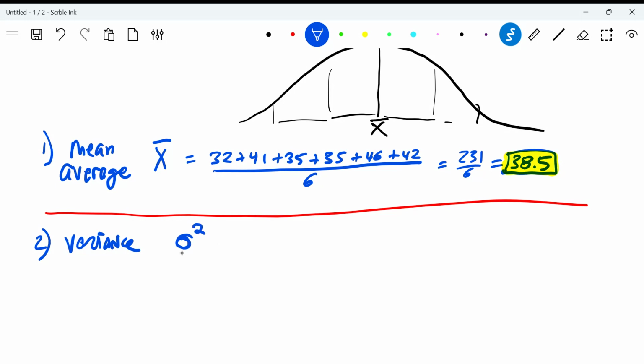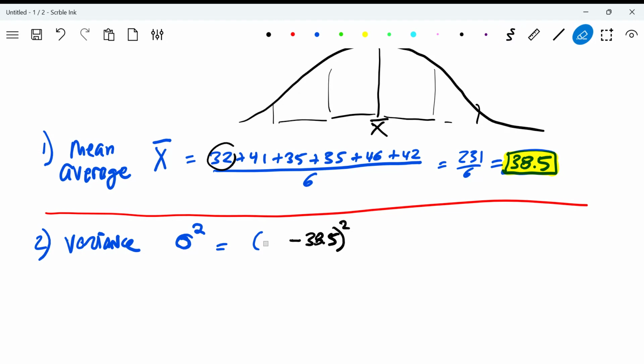So when we take the square root of it, we'll get the standard deviation. And the way we figure out the variance is we take the first data point, and subtract from it the average, 38.5, and you square that.